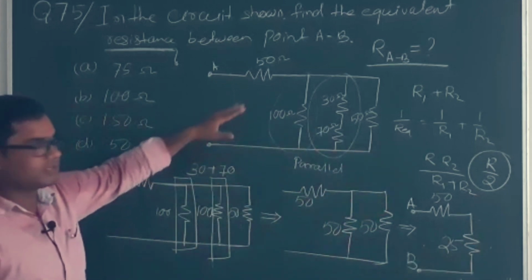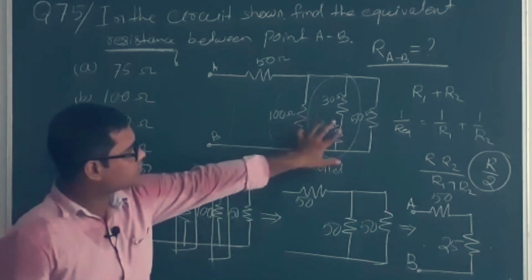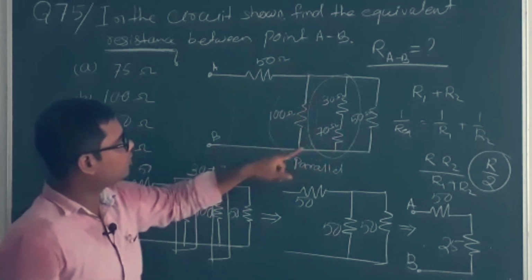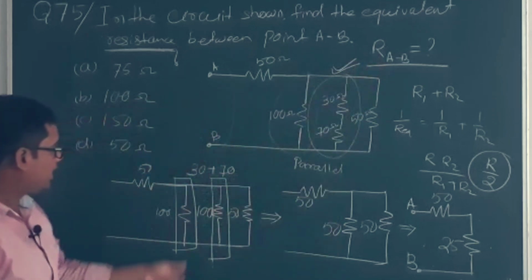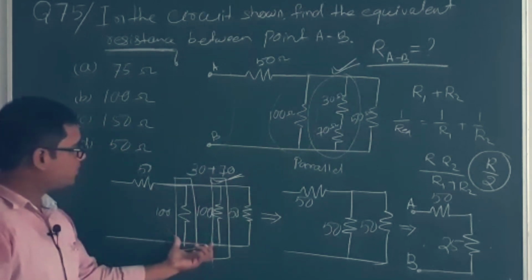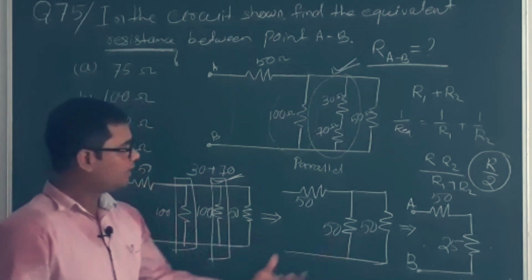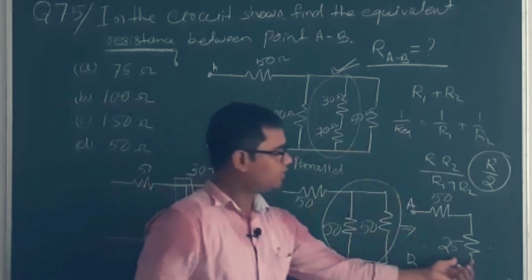Your circuit is the primary circuit, and it is getting divided here. First you solve these two, and you get 100 ohm. Then these two parallel you solved, getting 50, and these two parallel you solved, getting 25 ohm.